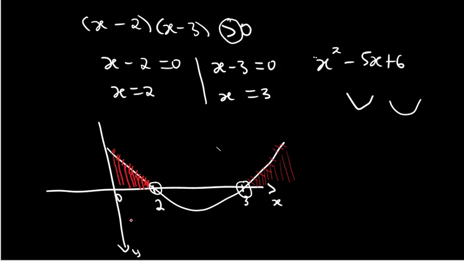Okay. Now let's analyze that. If we are shading from positive 3 up to positive infinity, then the arrow is pointing toward this side. If that is the case, then we are going to have this inequality sign. So we are going to have x greater than 3. This time around, we are not going to include the 3 because we don't have the equal to sign there. Look at what we are having here.